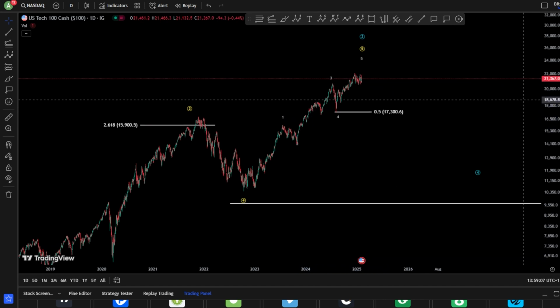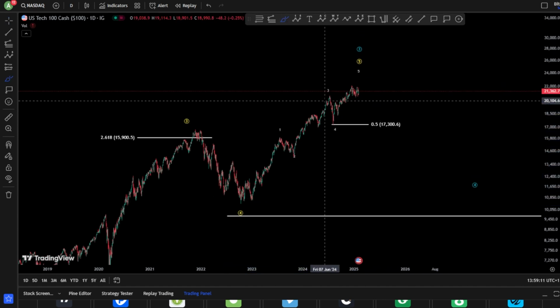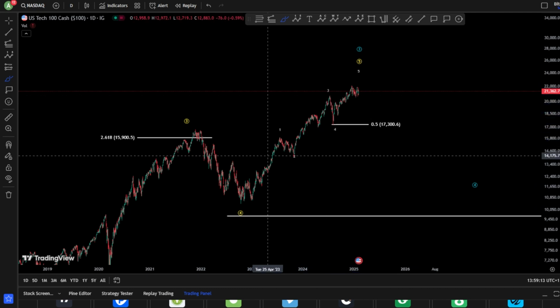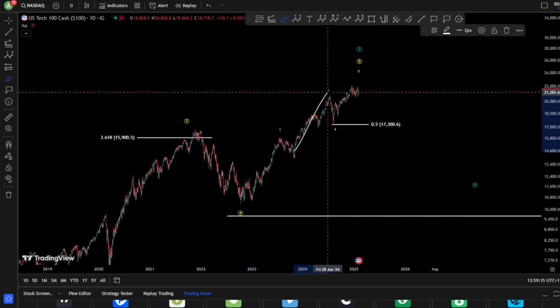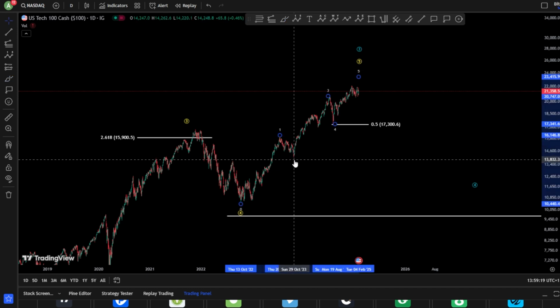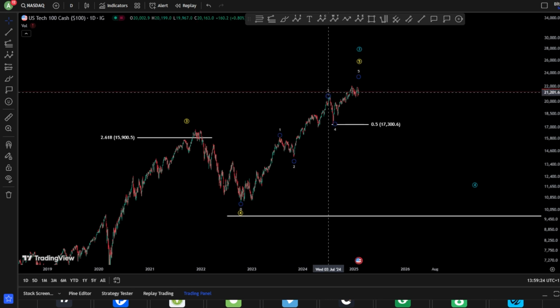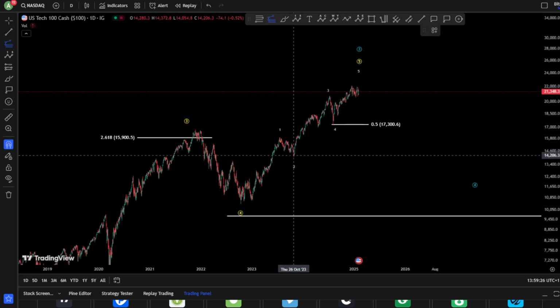To make the impulse work, it is not allowed for your wave 3 to be the shortest between wave 1, wave 3 and wave 5. Therefore, this still has to be wave 3, but the wave 5 cannot move much higher than this, or a little bit more, but not exceeding the length of your wave 3.